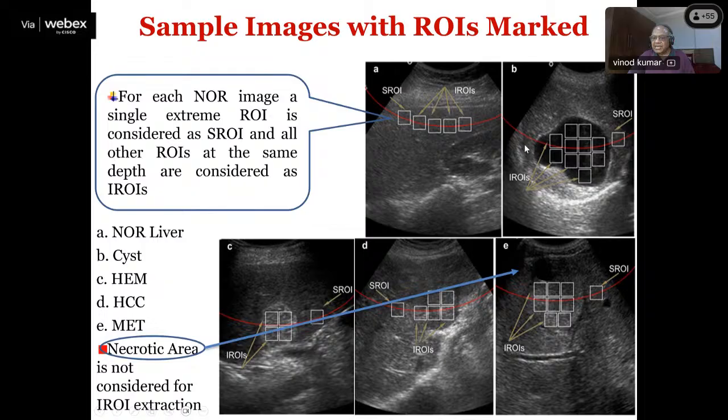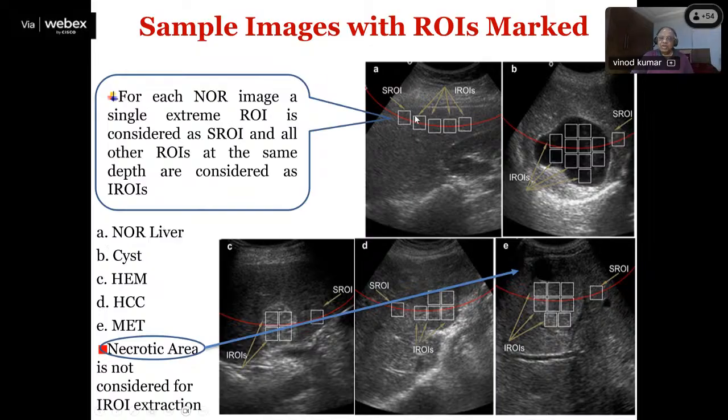One SROI for these ROIs will be this one, and another SROI for this IROI will be this SROI. Like this, we selected SROIs and IROIs.